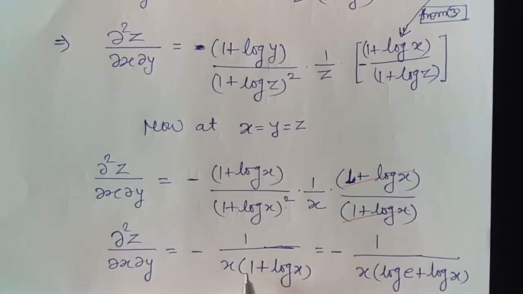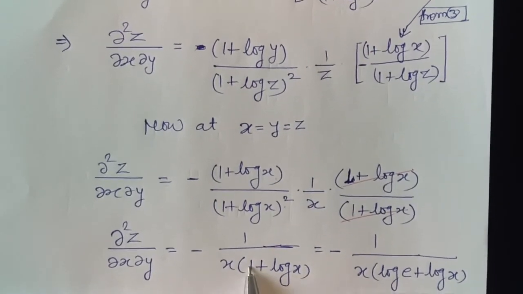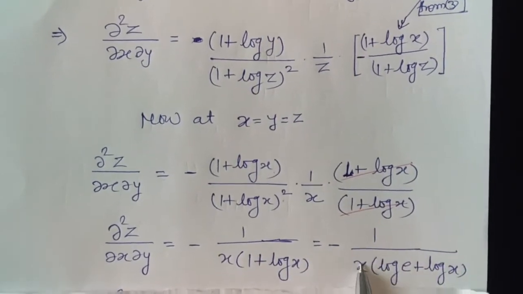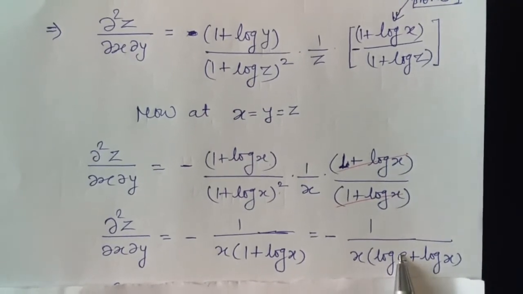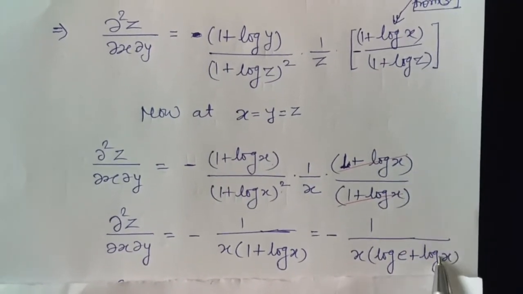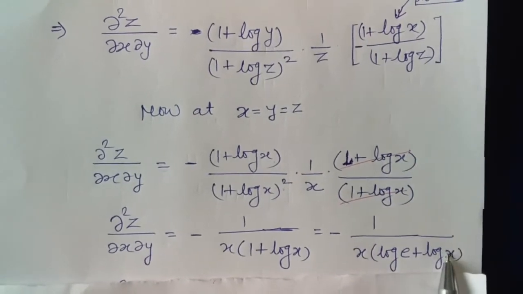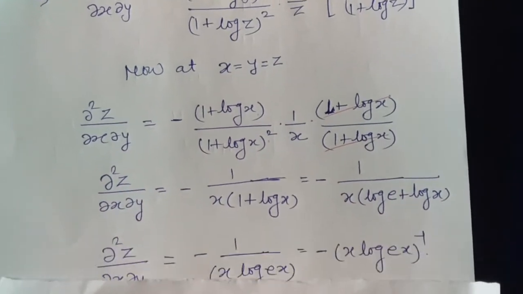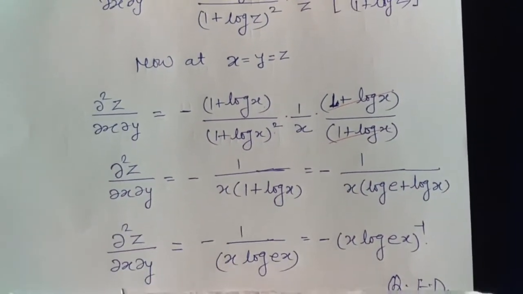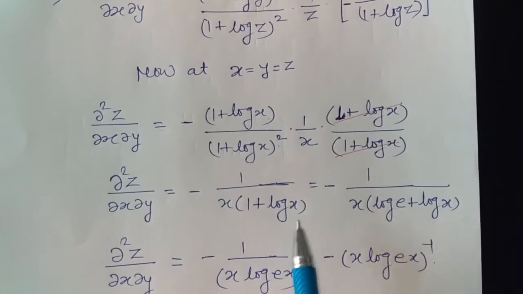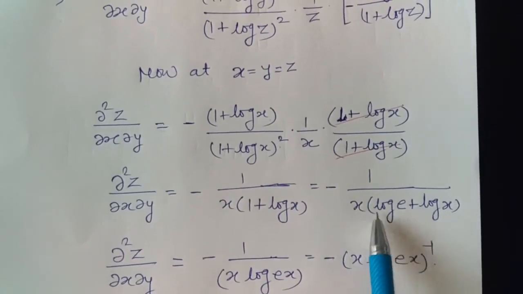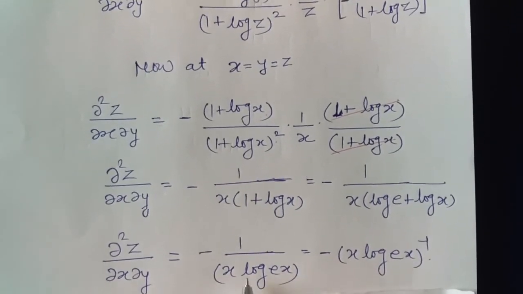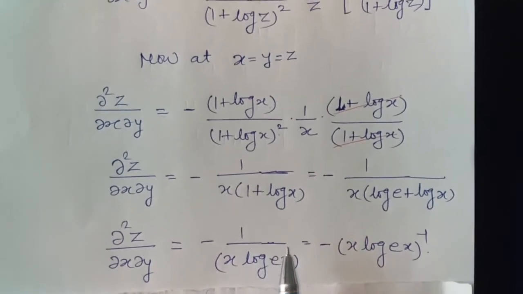Now log e is what? 1. So in place of 1 we write log e, which gives minus 1 upon x into (log e plus log x), since log e base e is 1. Now log m plus log n is log mn. So from the above expression we get del 2z upon del x del y is equal to minus 1 upon x into log ex, and we transfer this denominator to the numerator, then we get the inverse power.